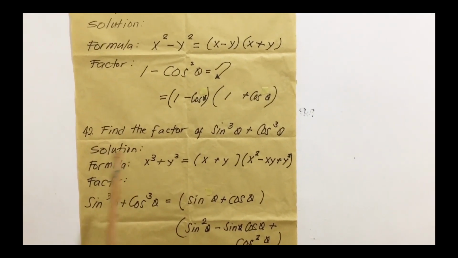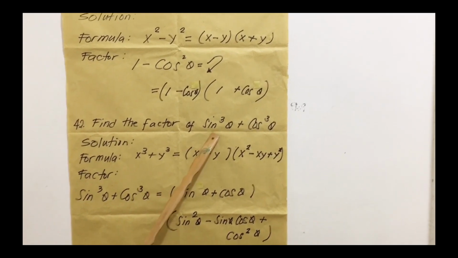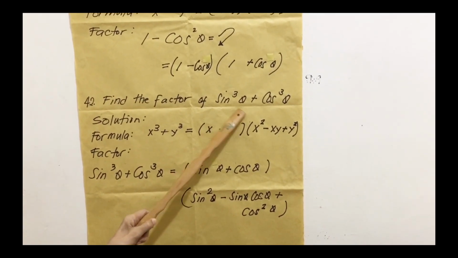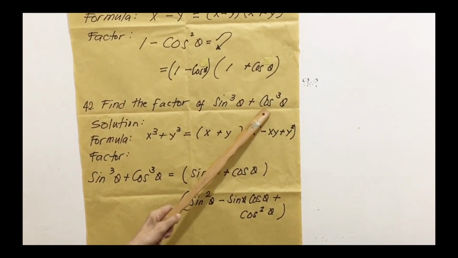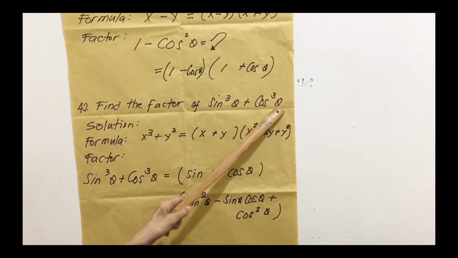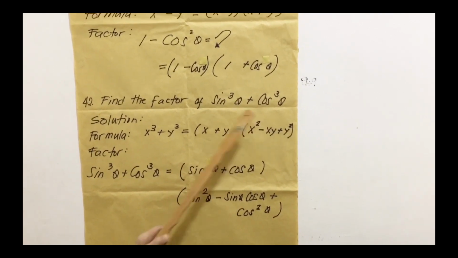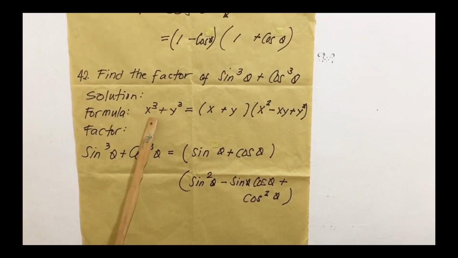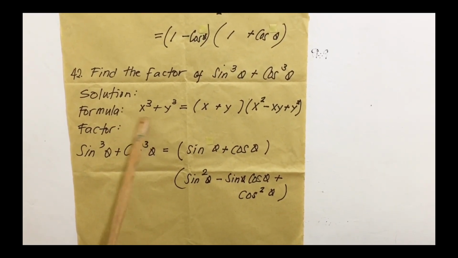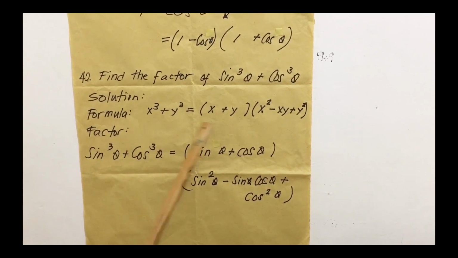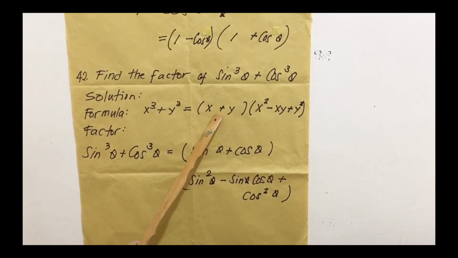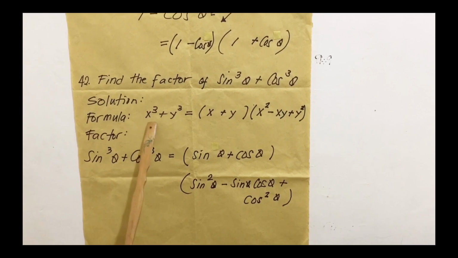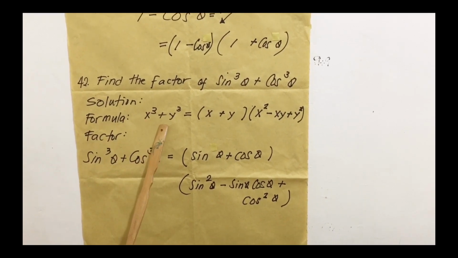Okay, next, number 42. Find the factor of sine cube theta plus cos cube theta. So the given is just like the sum of two cubes. So in algebra, this is our basic formula. So how to find the factor of this sum of two cubes?